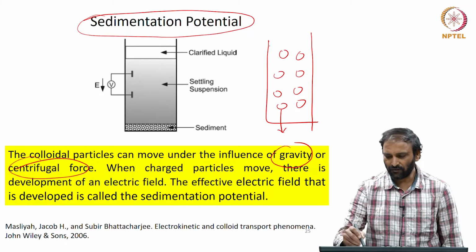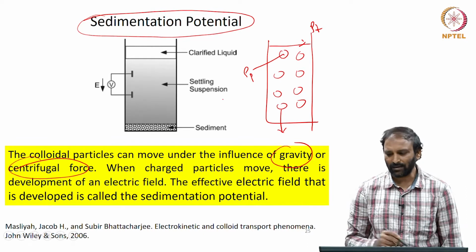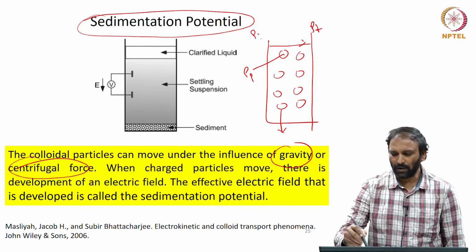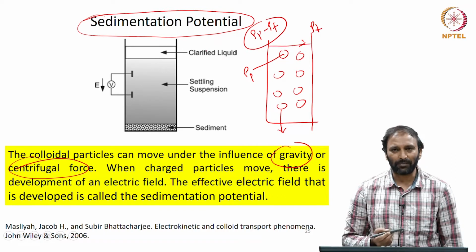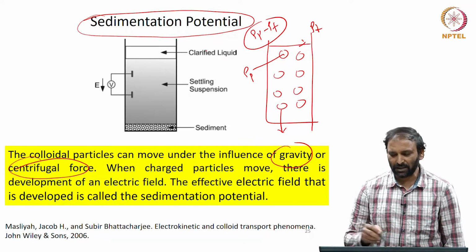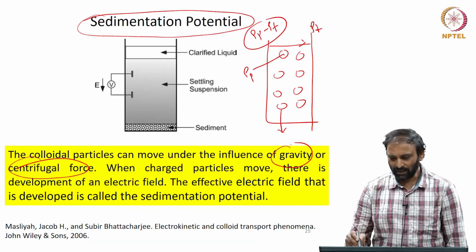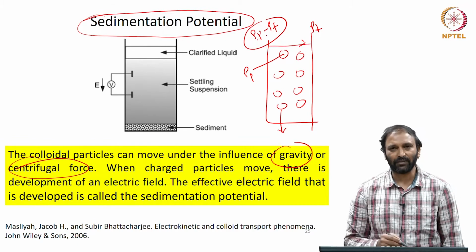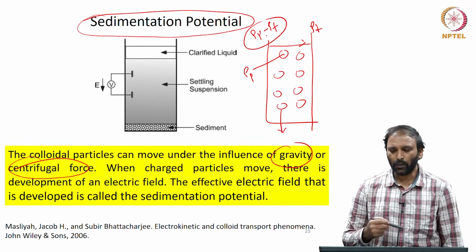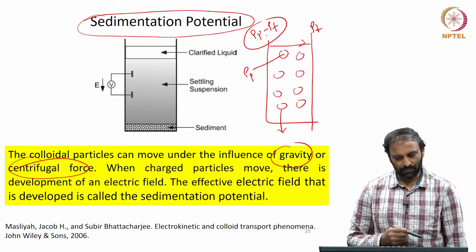If the fluid density is rho f and the particle density is rho p, then rho p minus rho f is an important parameter which will dictate whether there is going to be sedimentation of particles, driven by gravity or centrifugal force. If there is a large difference between the density of the particle and the fluid, we can expect that gravity settling would be prominent.